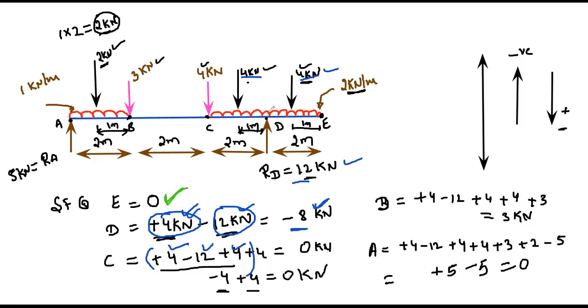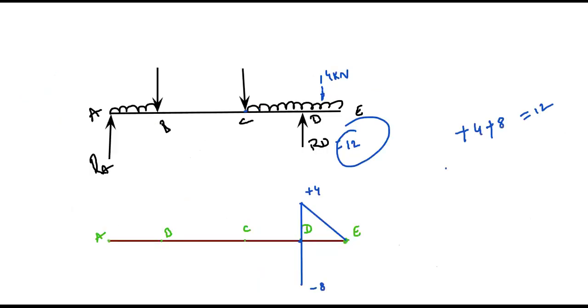We'll consider these three forces, then we'll consider this because it is a combination of these two loadings. If you simplify, minus 4 plus 4 will give you 0. So while drawing the shear force diagram, I should keep in mind that I should draw like this.